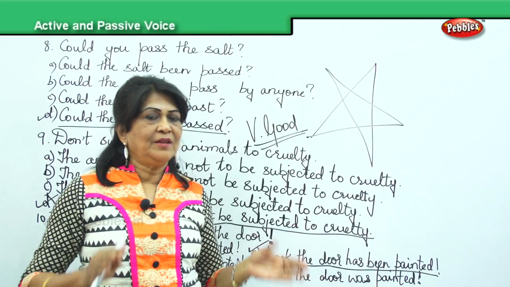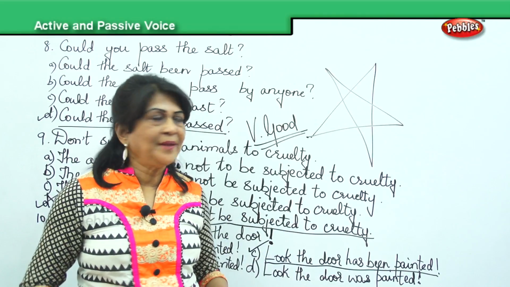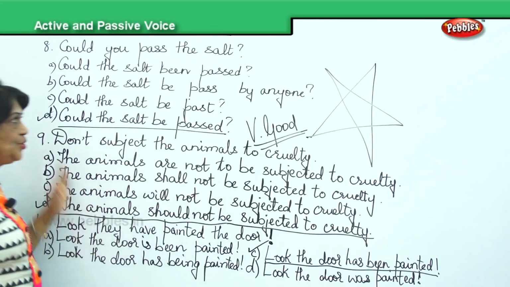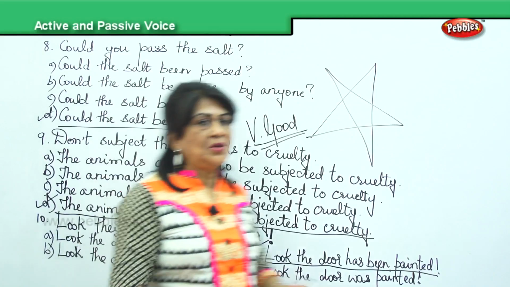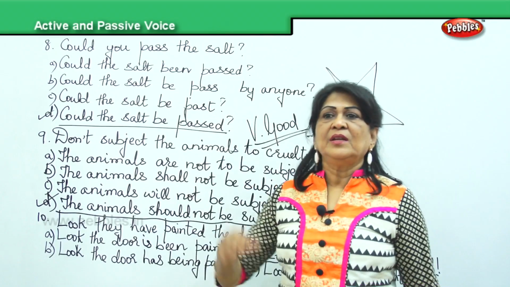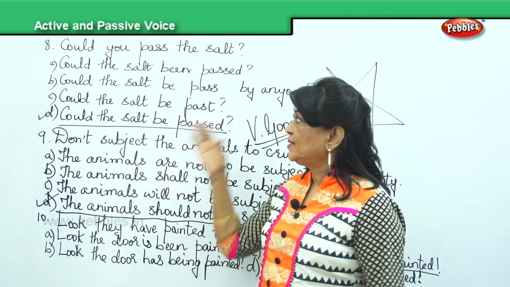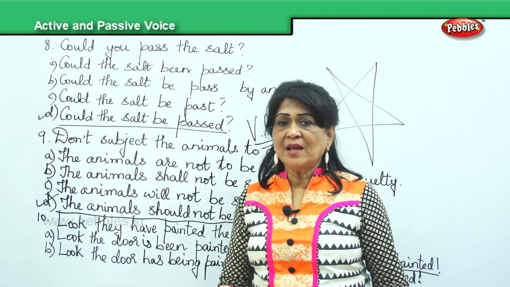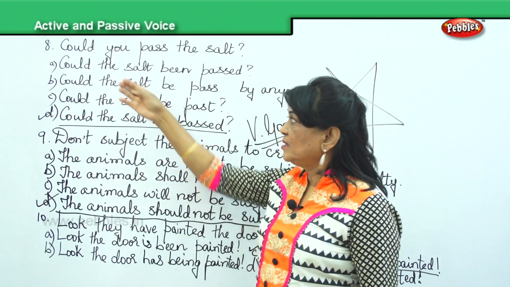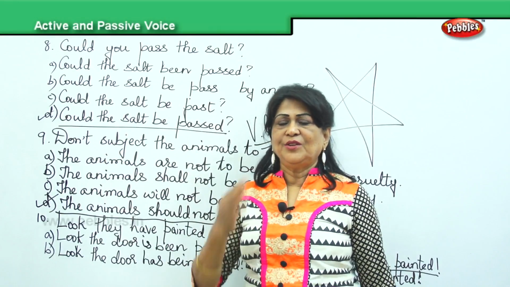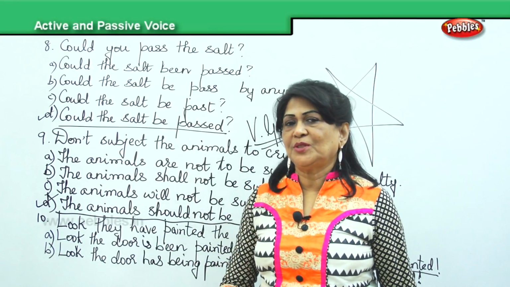I'm sure you're thorough with this topic and I'm sure you're going to do very well with all these choose the correct options, because in school level you convert active voice into passive voice, whereas here we give you the answers like A, B, C and D, 4 options, and you have to choose the right option.